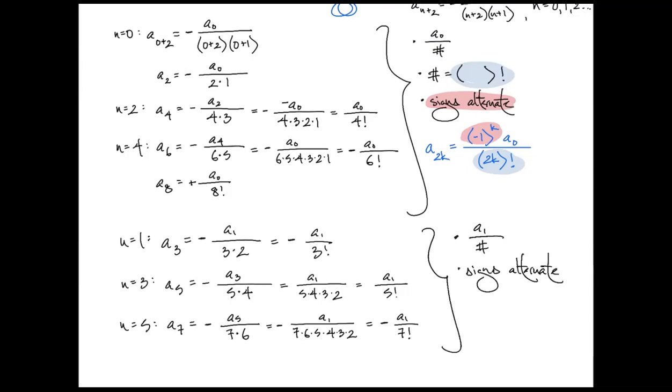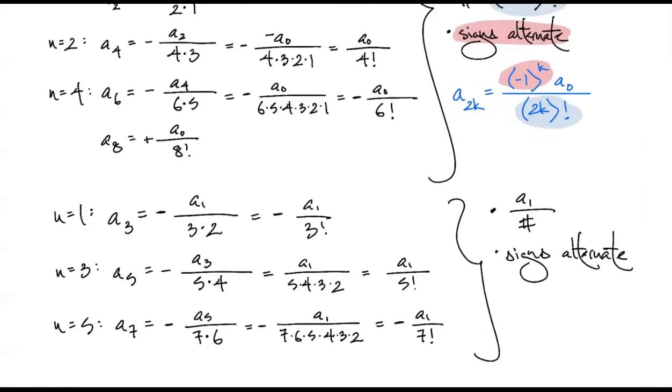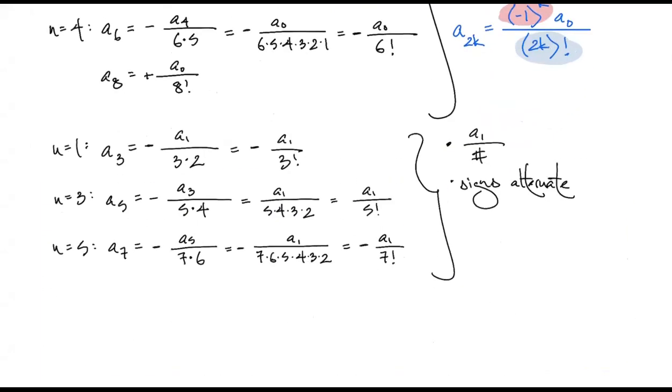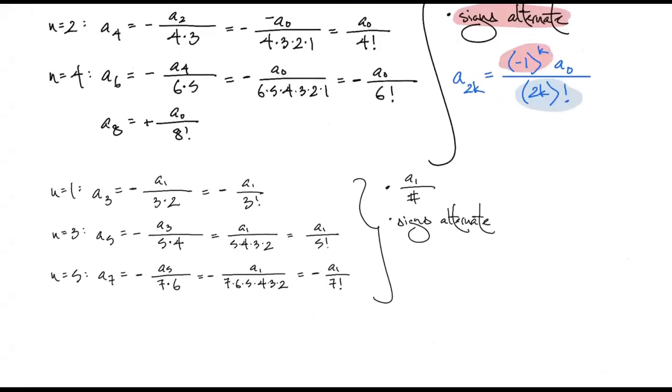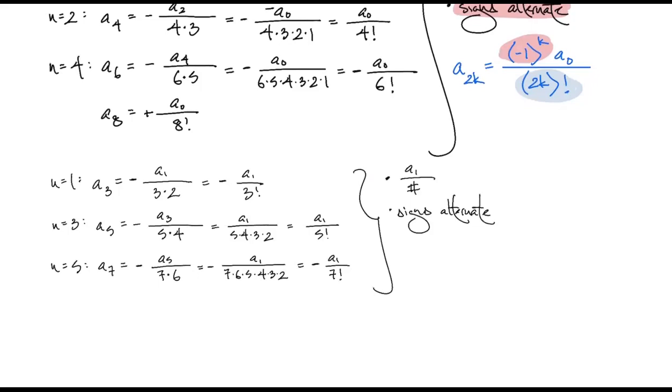Now, in our final answer, we wrote like a sub 2k. And the 2k was there to describe a sub any even number. So how do we modify that if we want to say a sub odd number? Do 2k plus, well, I guess, or minus 1.